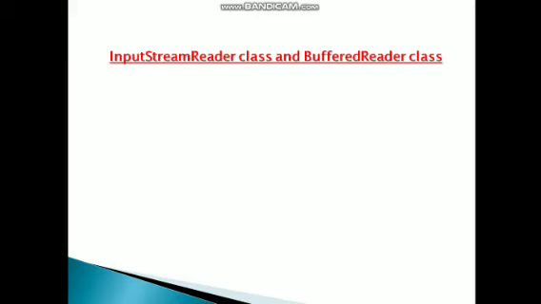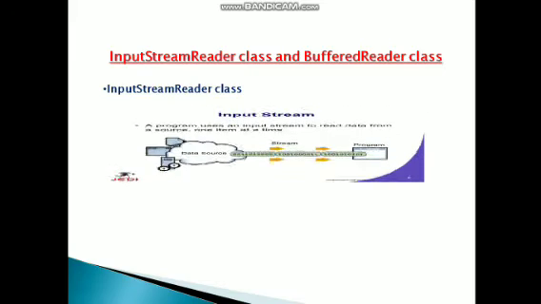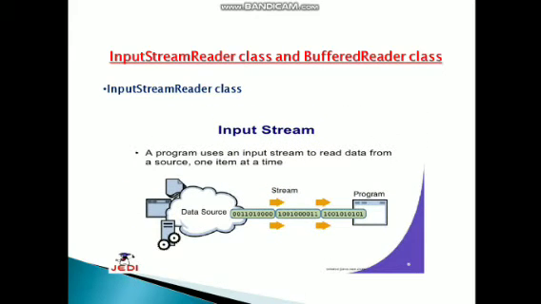This system uses a combination of classes, that is the input stream reader class and the buffer reader class. First, we will see the input stream reader class. Before I tell you technically what this is, have you been to a cinema theater without online booking? What is the scene there?